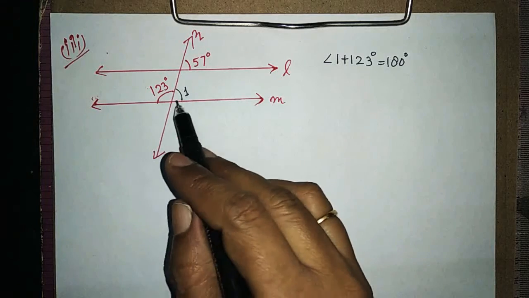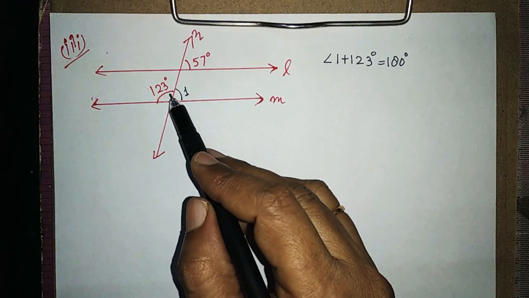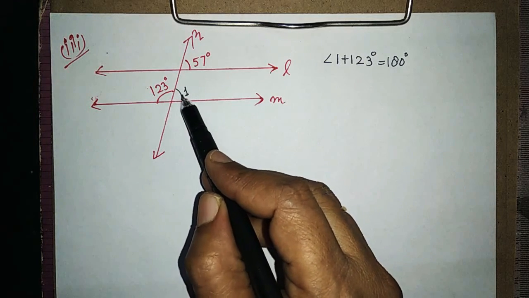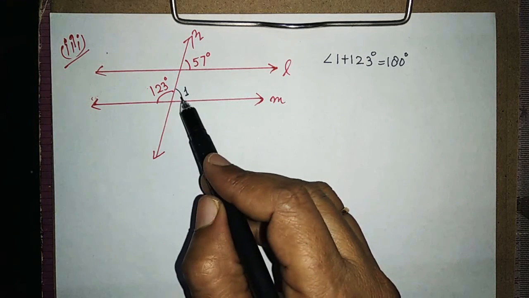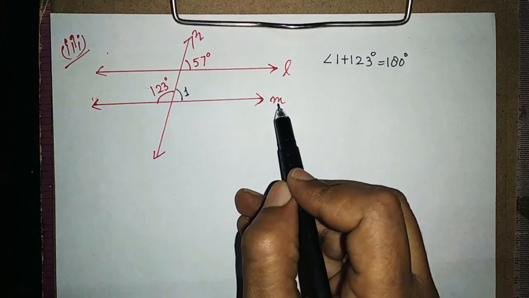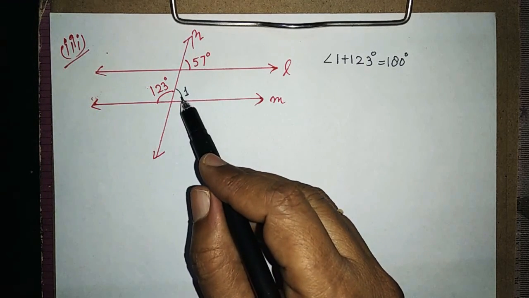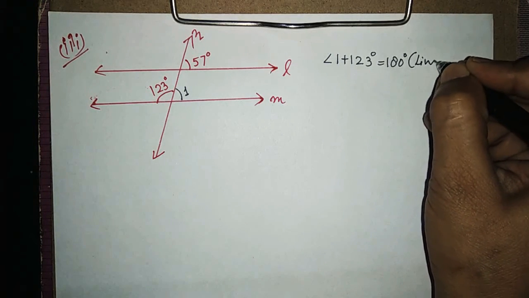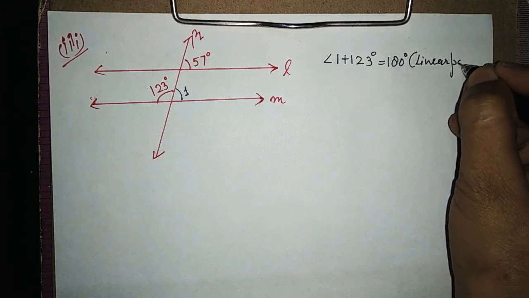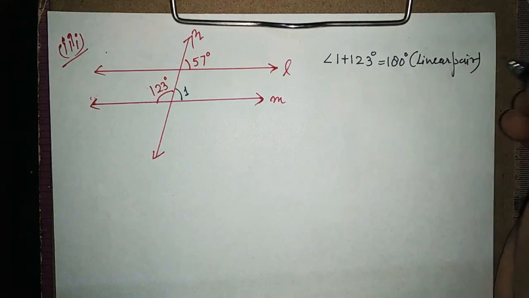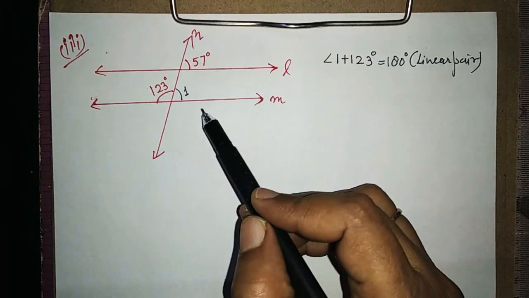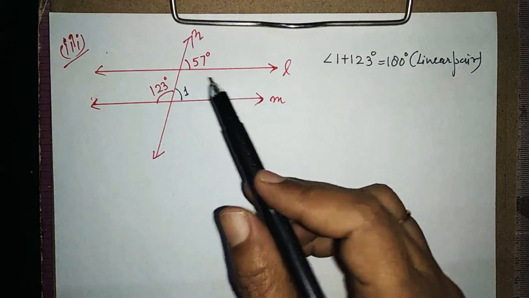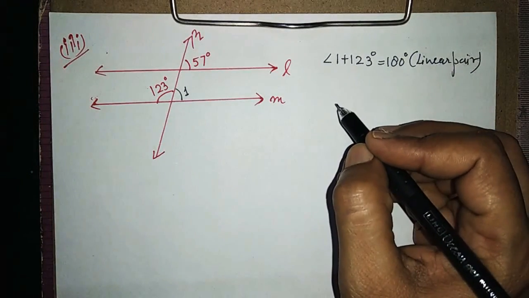You know why I have written angle 1 plus 123 degree is equal to 180 degree? Because they are forming a linear pair. Okay. On this straight line M, they both are forming a linear pair. So here we will write linear pair. Okay. And one more thing you can see, that angle 1 and 57 degree both are corresponding angles. Okay.